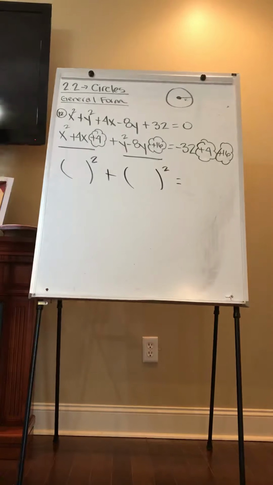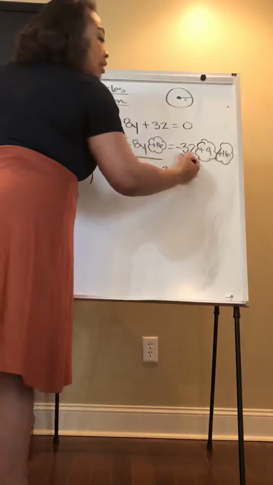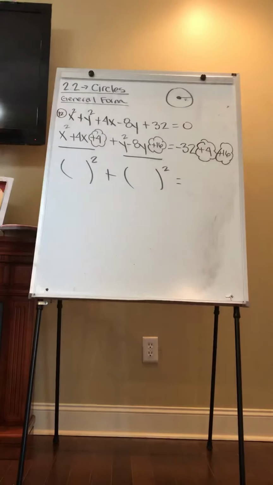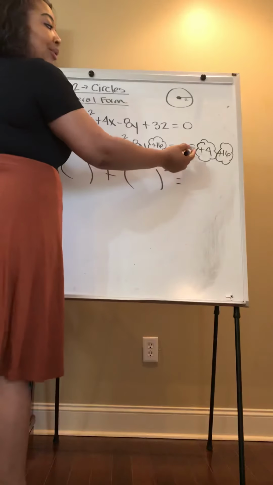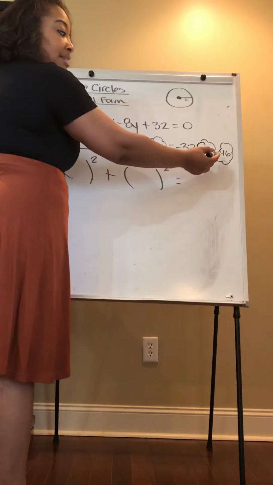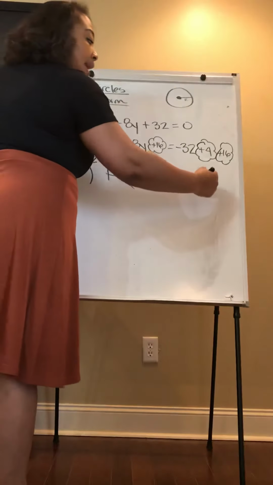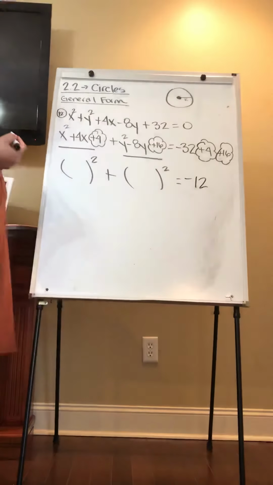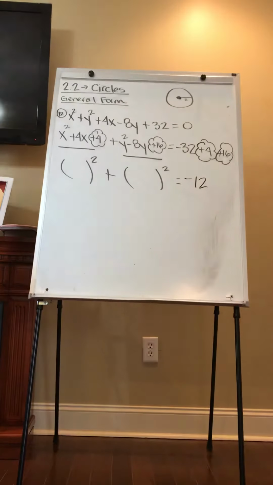But I do want you to probably, on these problems, and I didn't say it on the other two examples, check this number. Make sure it gives you a positive number. Negative 32 plus 4 plus 16 is negative 12. 20 and a negative 32 is going to give you a negative 12.